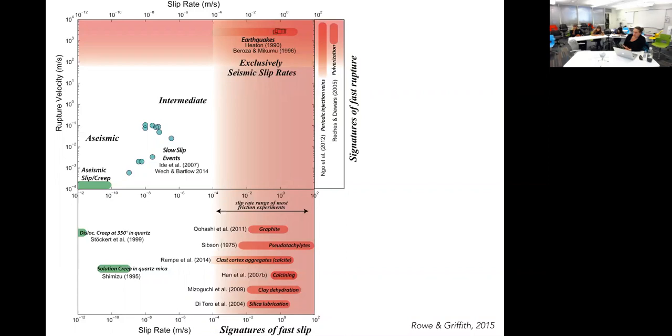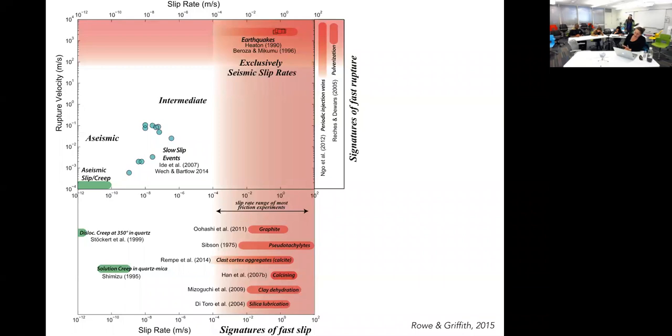Then we have intermediate events shown by these blue dots, and those cover slow slip events, afterslip during earthquakes, things in that middle range. And then earthquakes are in the red, way up in the upper right-hand corner of the plot because they have very fast rupture velocity and very fast slip velocity compared to all other events. So that's what's shown in the upper box of the plot.